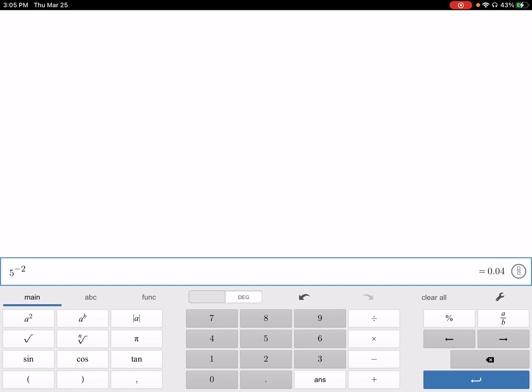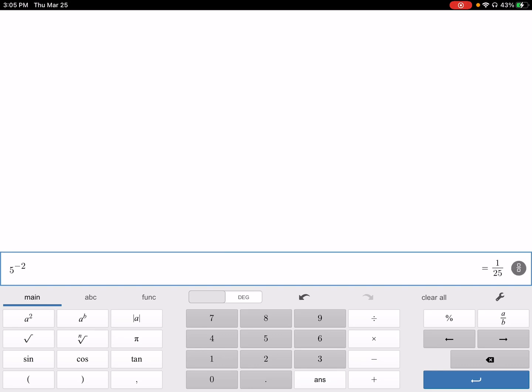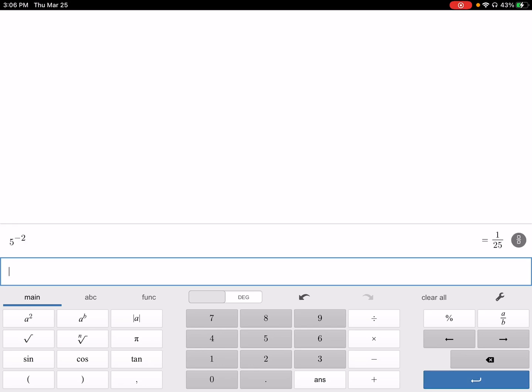Remember, ALEKS is not going to accept the decimal answer, and this is why you want to use the scientific Desmos, because you can click this little circle right here and it'll change it to a fraction for you, which is exactly what ALEKS wants. 5 to the negative 1.